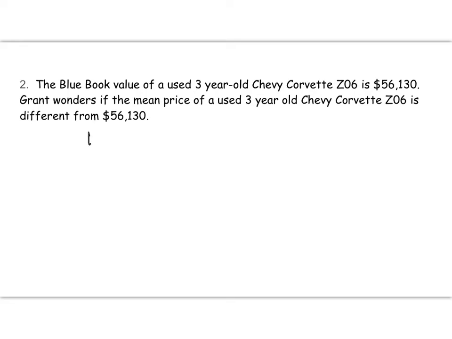Okay, so our null hypothesis is going to be some claimed value. So if we are looking for the claim, the Blue Book value's claim is that the price is $56,130. So this is not a proportion, this is a mean. So that is my null hypothesis.